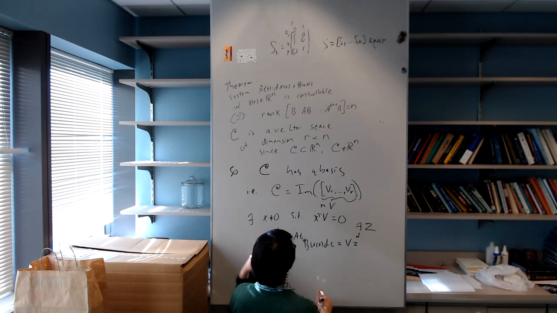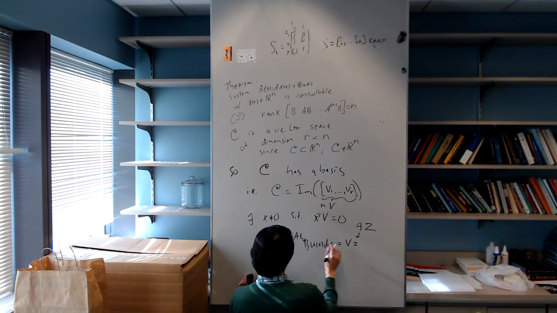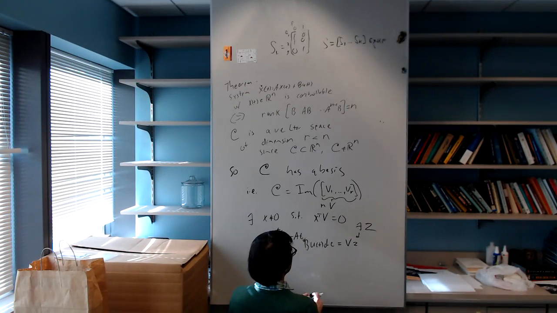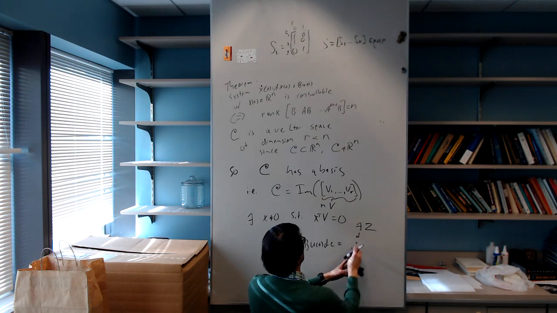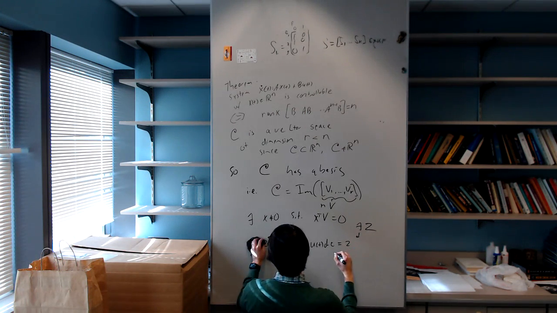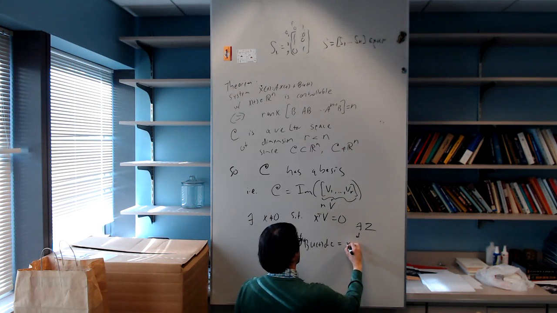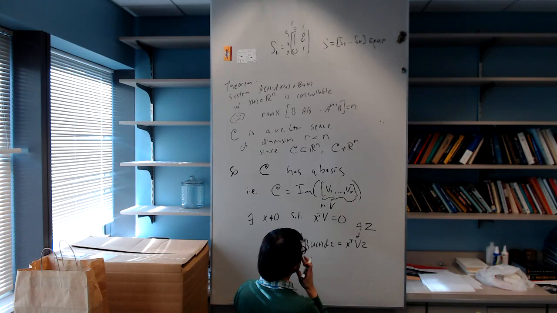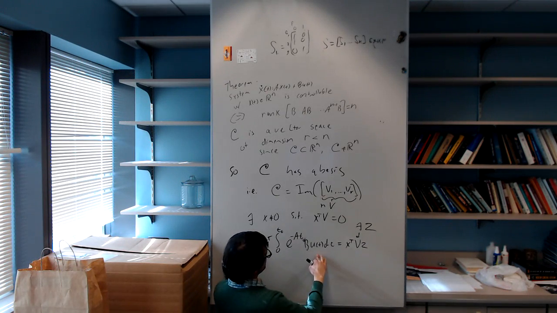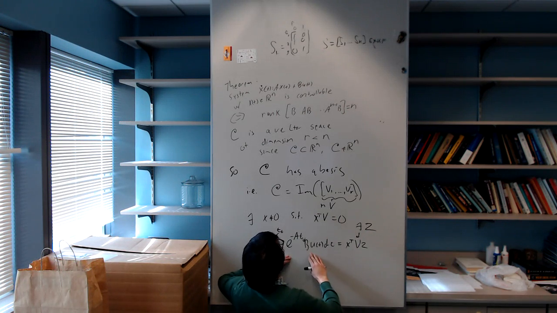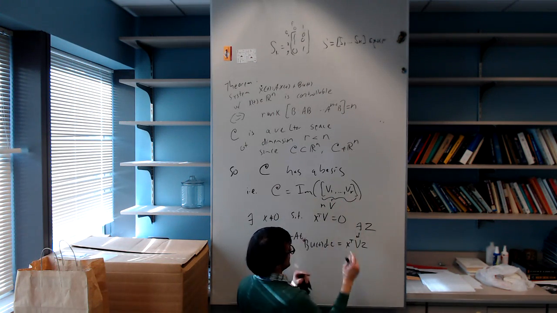And what we saw before is that x transpose of this guy is equal to x transpose Vz, because we know that this thing is in the image of this set of vectors.